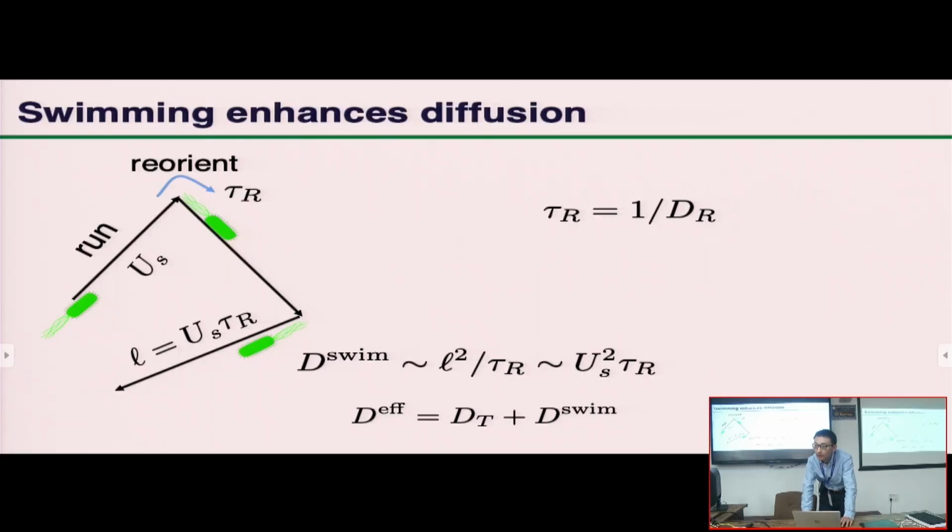Okay, at short times we have a different kind of behavior. If you look at a time shorter than tau r, we see that the motion is just ballistic, right? From this sketch you can see that it's just going straight in some direction. That's correct. But if you don't look at long times, then you don't get a diffusive behavior.